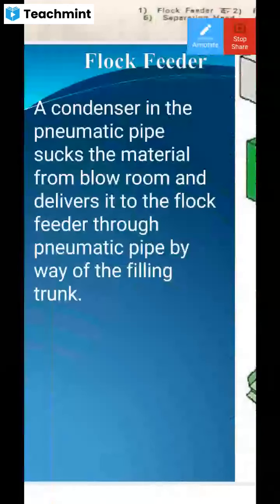Okay, so a condenser in the pneumatic pipeline sucks the material from the blow room and delivers it to the flock feeder through the pneumatic pipeline by way of the filling duct. The pneumatic pipeline works by air current. Already we discussed the negative water column and positive water column: suction pressure is the negative water column and blowing pressure is the positive water column. The water column is measured by a tube hose, a water level measurement.